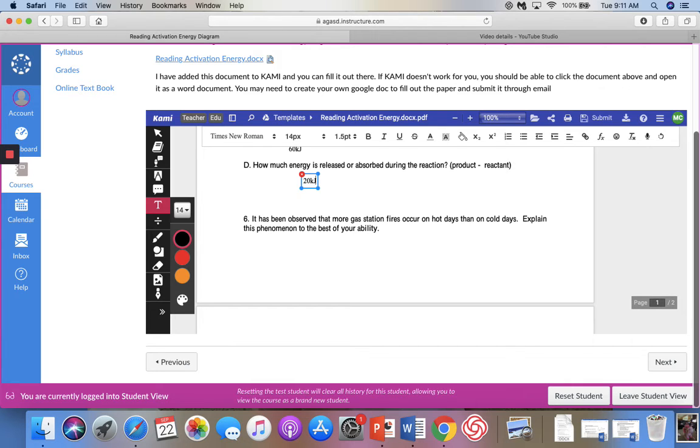So if it's a really hot day, that heat, that air, the sun, is going to act as a catalyst to push for some type of a reaction to occur. So the heat will act as a catalyst. That heat will be there on the hot days. It's not really going to be there on the cool days.